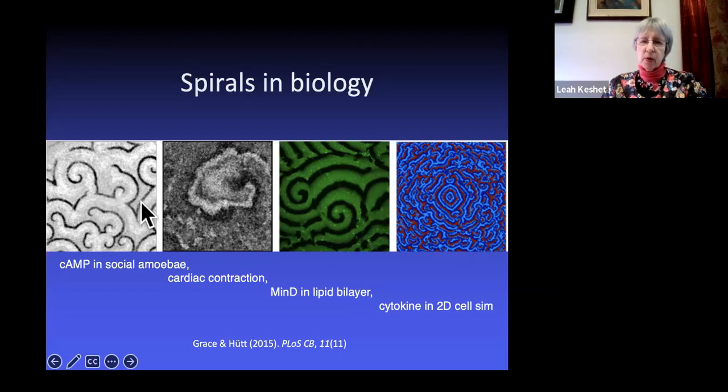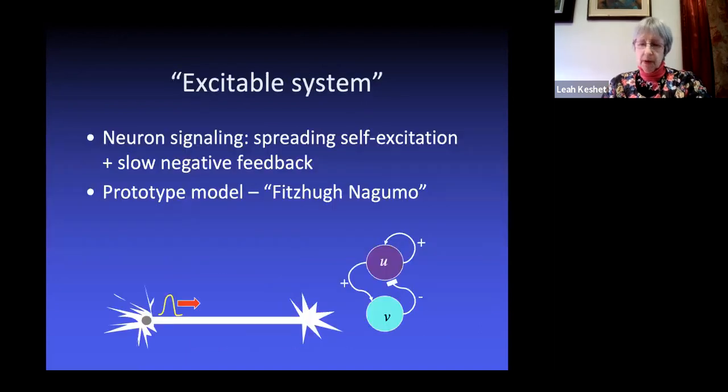You also have spiral waves in cardiac tissue, in various chemical systems, in MinD, which is a bacterial protein, and in other examples.